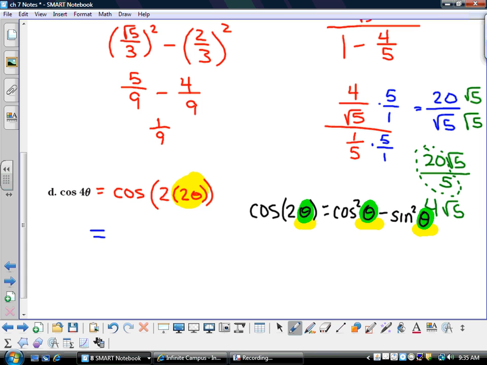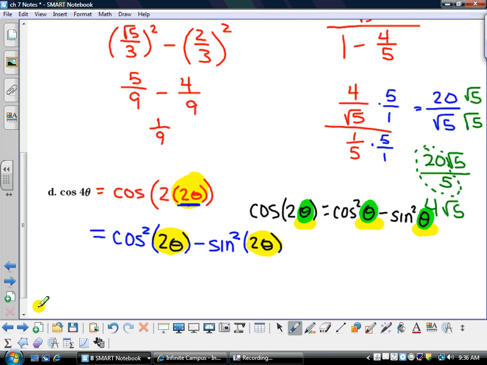So I'm going to say this equals the cosine squared of 2 theta, because that's my something, minus sine squared of 2 theta. I put 2 theta into the formula everywhere it used to be theta.